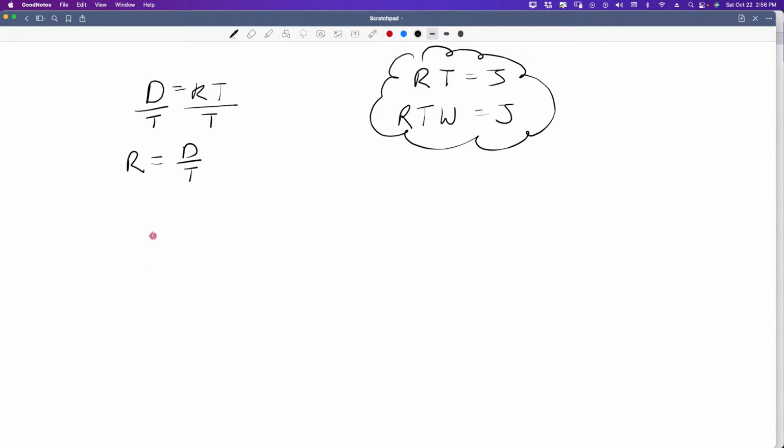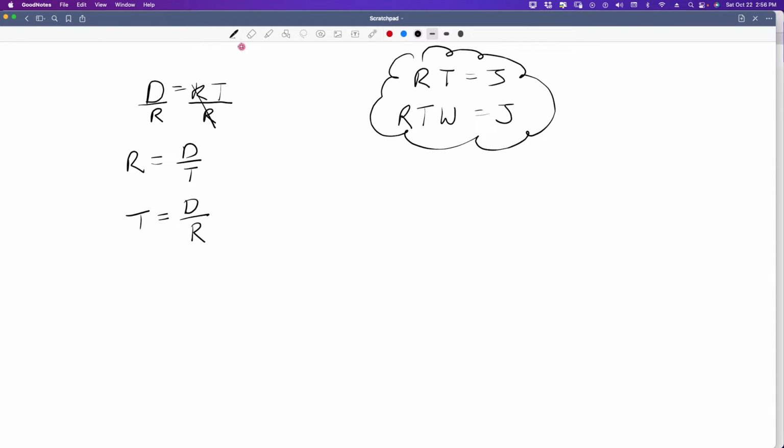Same thing for time. Sometimes we need to figure out what the time is instead of the rate or the distance. So we would do the opposite thing. We would factor out or divide by the rate in order to get time by itself. That would cancel. So time can be written as distance over the rate.